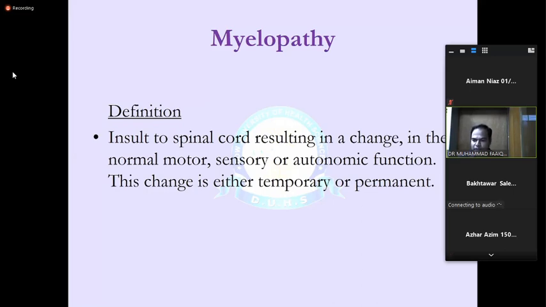In the same way, if there is a pathology of the spinal cord anywhere, from foramen magnum up to L1, the signs and symptoms or the clinical presentation because of the spinal cord pathology is referred to as myelopathy.